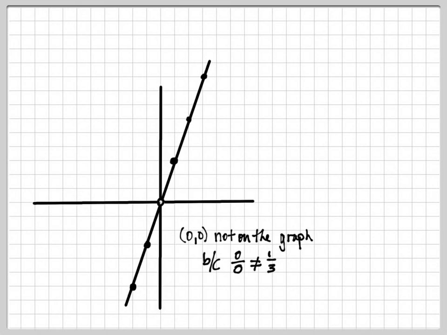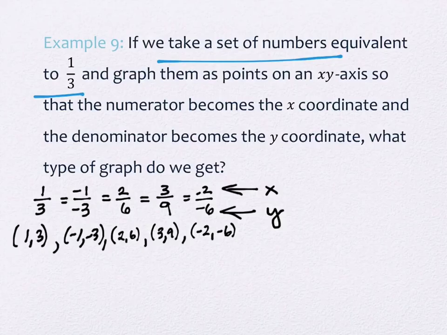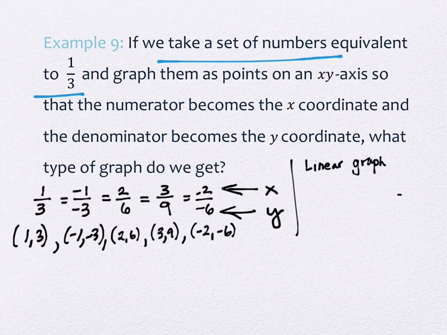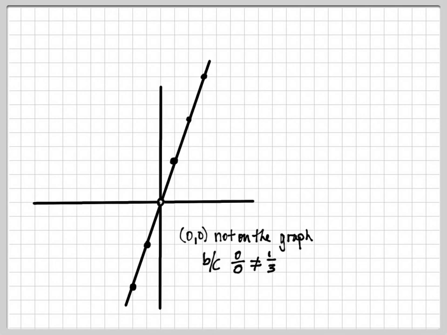Okay, so when we're describing this, what does this create? It says, what type of graph do we get? The answer is that we get a line or a linear graph. You wouldn't necessarily have to write this, but it is the linear graph of y equals, let's see, what's the slope? Yeah, y equals mx plus b.